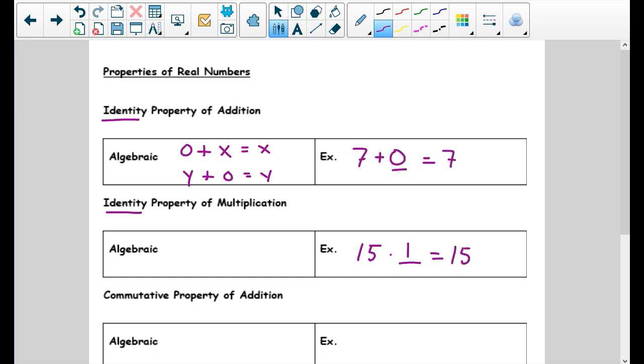So algebraically, anything times 1 gives me that value back. Or you could put 1 times anything. So you could have 1 times any y equals y. So identity property of addition, adding zeros. Identity property of multiplication, multiplying by 1. Okay?